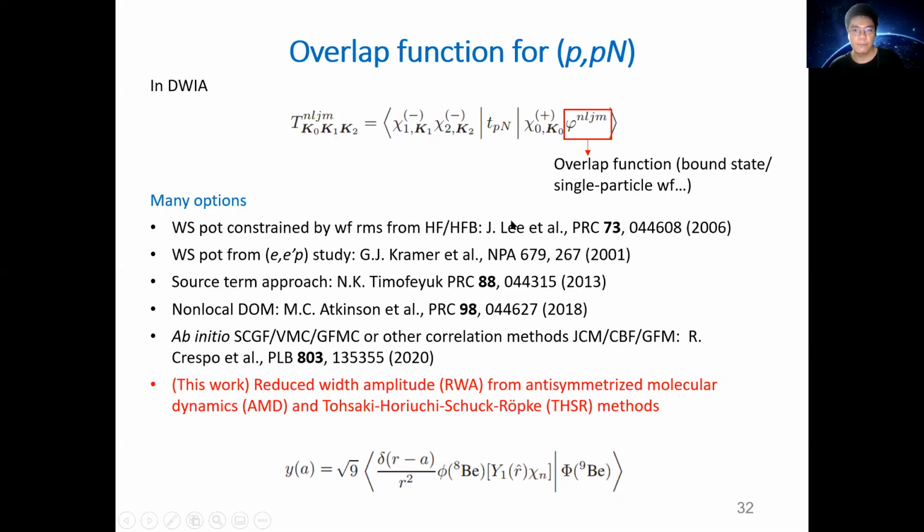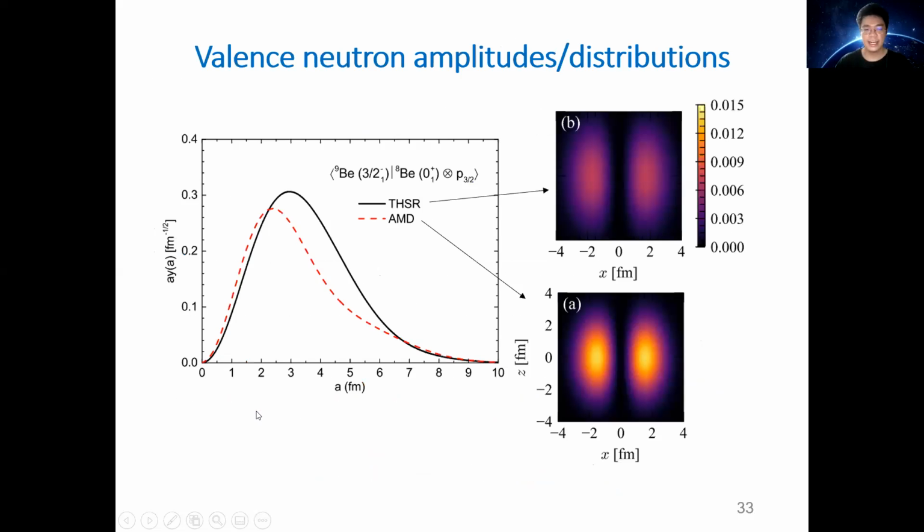Basically, we put this in as the overlap function. It is given by the antisymmetrized molecular dynamics, AMD, and the THSR wave functions. On the left-hand side, you have the valence neutron amplitude, which is also the reduced width amplitude plot. On the right-hand side, you have the valence neutron distributions from the two models, THSR and AMD.